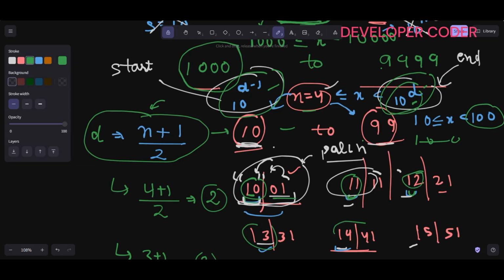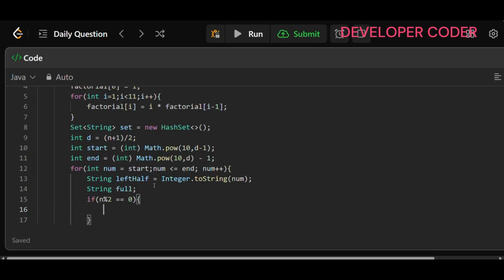Reverse of left half. Here what I'm going to do, StringBuilder, right half is equal to new StringBuilder, and now after that, left half.